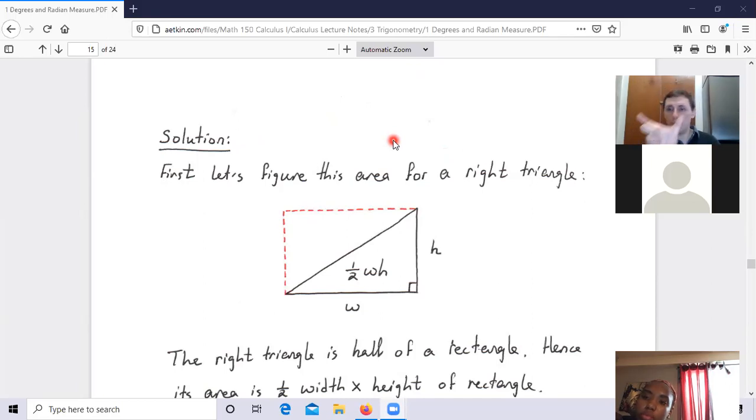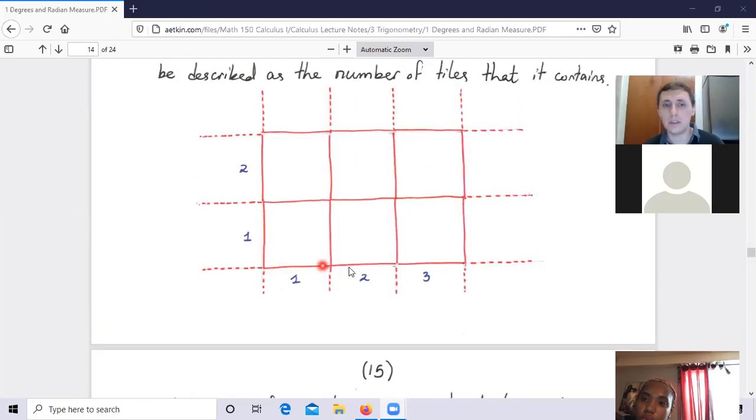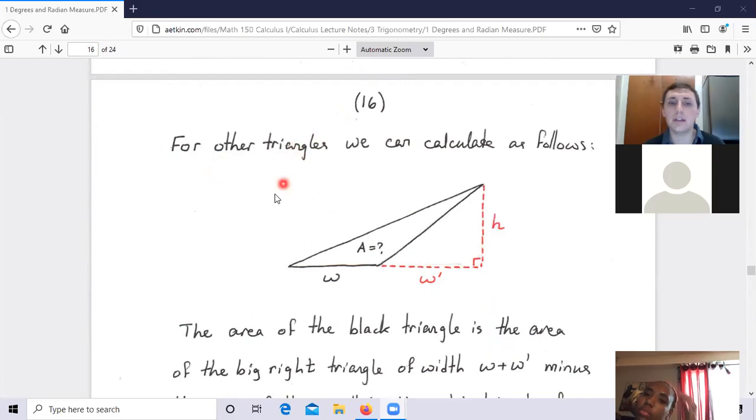If the width is 5 and height is 3, we have unit square tiles, 5 tiles across and 3 tiles high, so altogether 3 times 5 or 15 tiles. It's like in this picture: 3 tiles here, then another layer of 3 tiles, another layer of 3 tiles, and so on.